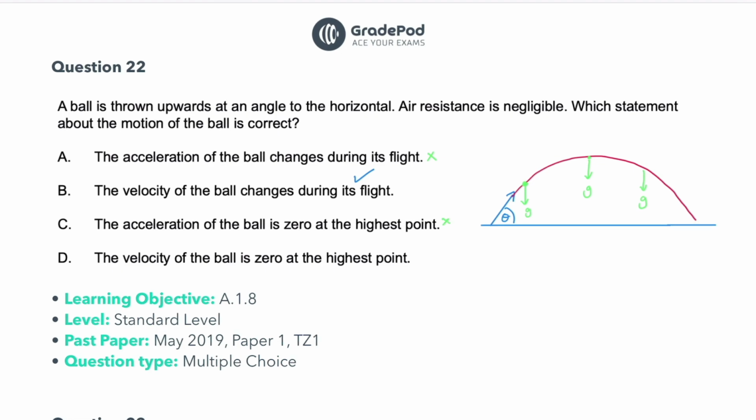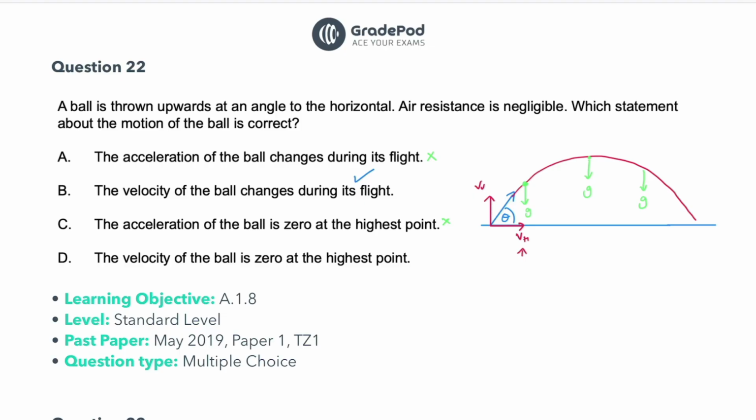And finally, the velocity of the ball is 0 at its highest point. Now this is where a lot of people might struggle, because when the ball is released, it has a vertical component of velocity and it has a horizontal component of velocity, VH, and that's VV, vertical.